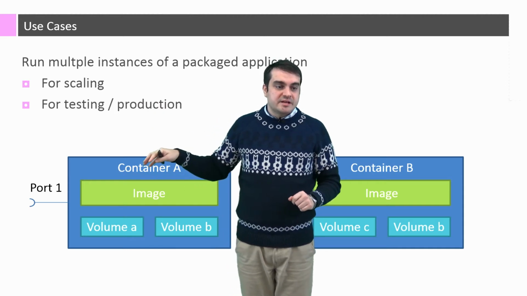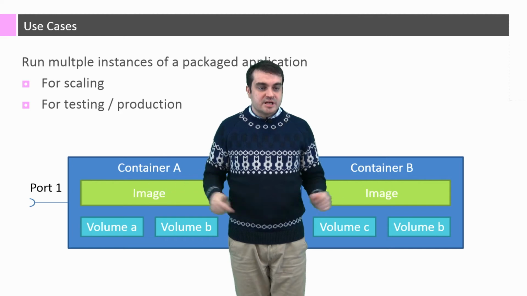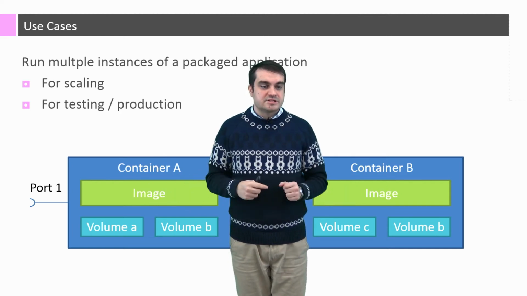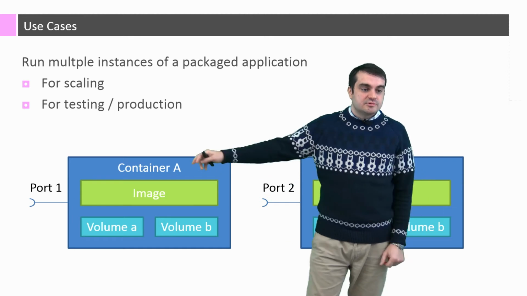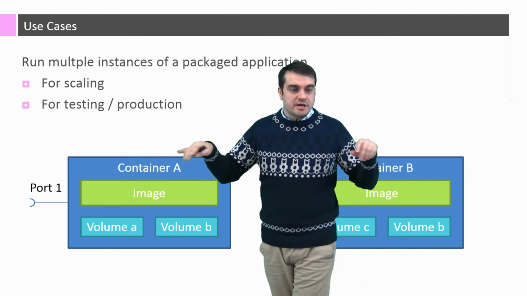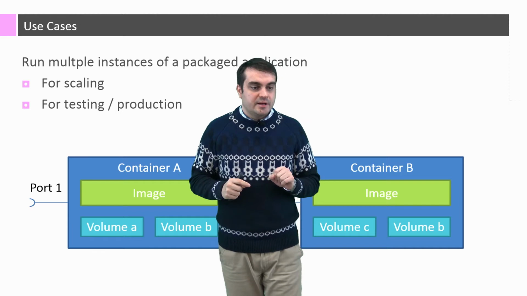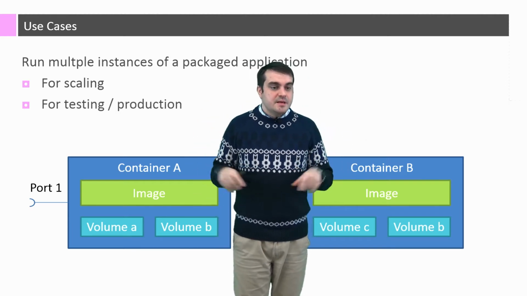We can have one application in production, the other for testing. It's running the same code because they're using the same image, and the only difference is one is running on one port, the other on another port, so we can access our different environments in a standard way.